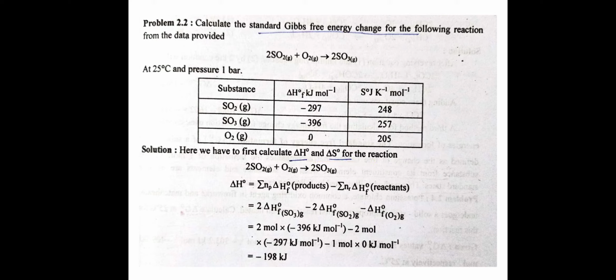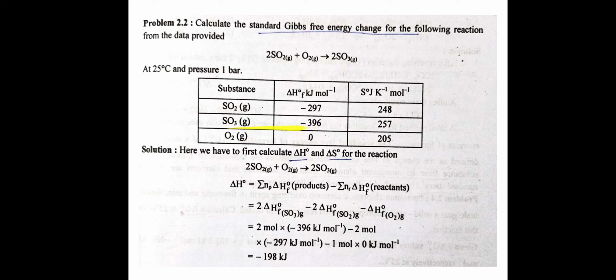Now see, what is the formula to calculate delta H0? It is equal to summation of number of moles of products into delta HF0 of products minus summation of number of moles of reactants into delta HF0 of reactants. So it is equal to the number of moles of products. There are 2 moles, so 2 into delta HF0 value of the product SO3.